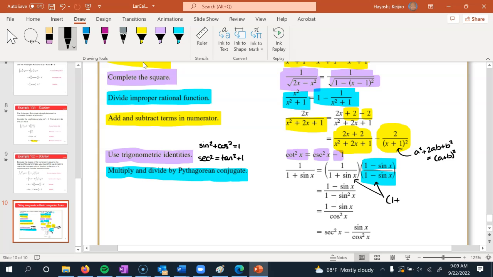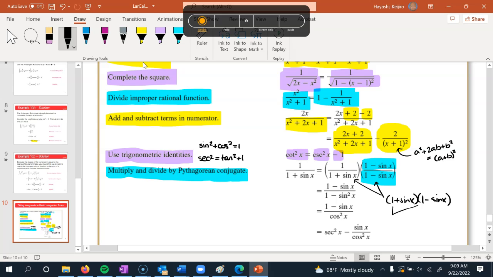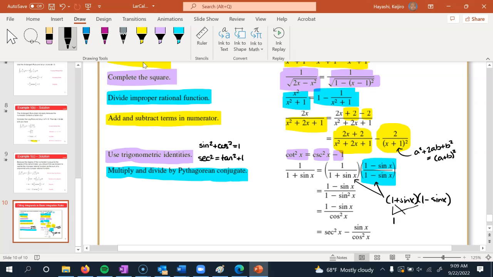So this denominator here, the 1 plus sine of x times 1 minus sine of x, if you remember the difference of two squares formula where you have a plus b and a minus b and you're multiplying them together, that's going to become a squared minus b squared. But even if you don't, you can straight up just FOIL it. 1 minus sine of x plus sine of x minus sine squared of x.